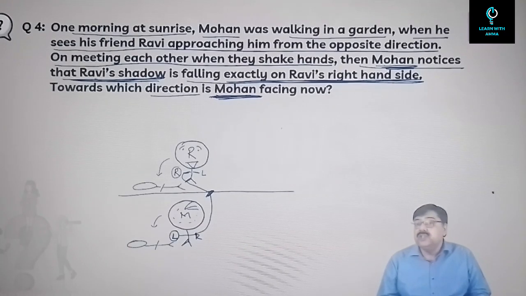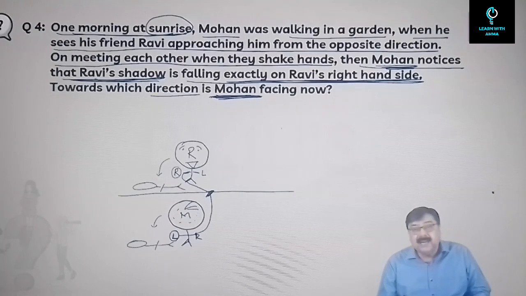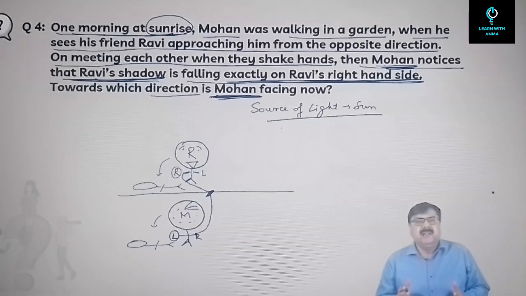Now we are talking about shadows. What forms shadows? A source of light. Now what is the source of light here? One morning at sunrise. So sun here is the source of light. And obviously a shadow is formed on the opposite side of the source of light.